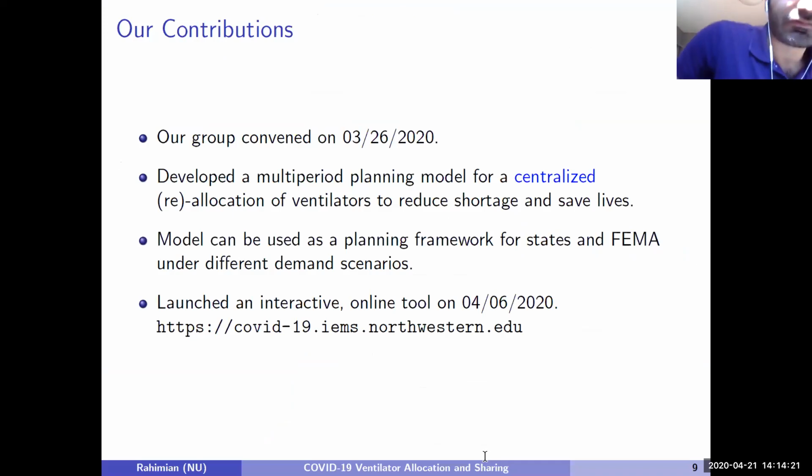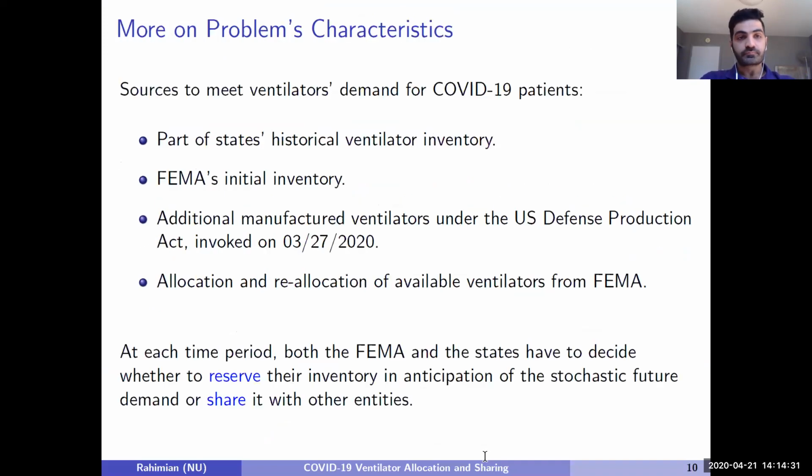You can go to that website and see how your state is doing, and hopefully that provides some useful insight for you. All right, so I'm going to talk now about the mathematical formulation. Hopefully so far I have motivated that this problem has some opportunities for the operations research community to come in.